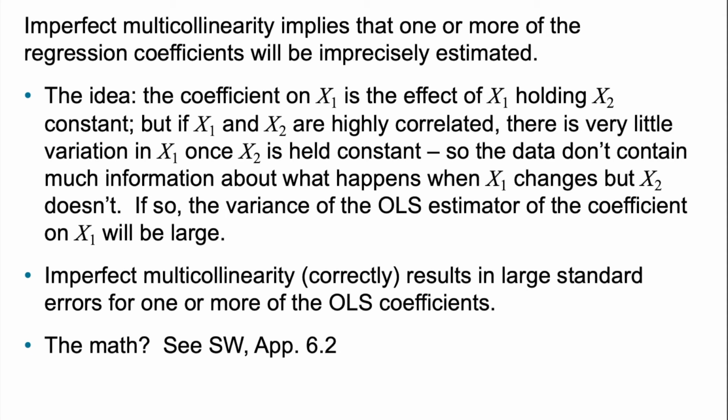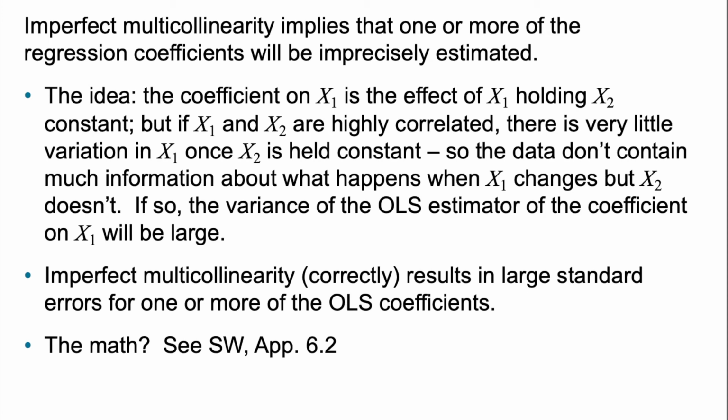If we have two variables in our regression that are demonstrating imperfect multicollinearity, that implies that one or more of the regression coefficients will be imprecisely estimated. Here's the idea. The coefficient on x1, let's say x1 is the federal funds rate, is the effect of the federal funds rate holding the term spread constant.